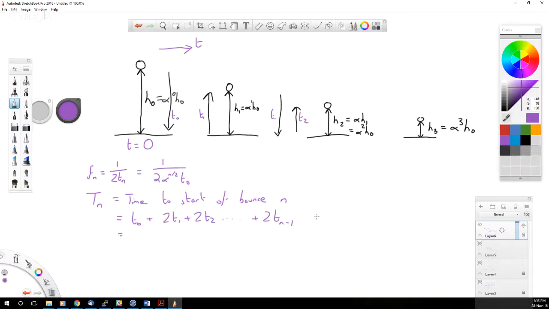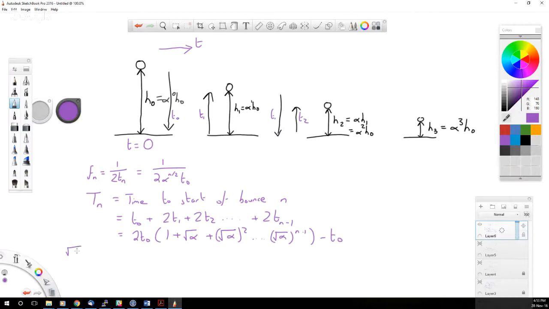And then your minus T0, and then rearranging that again, we get 2T0 times (1 plus alpha plus alpha squared, and so on up until alpha to the power of n minus 1), and a minus T0 because I've gone from T0 to 2T0 here.